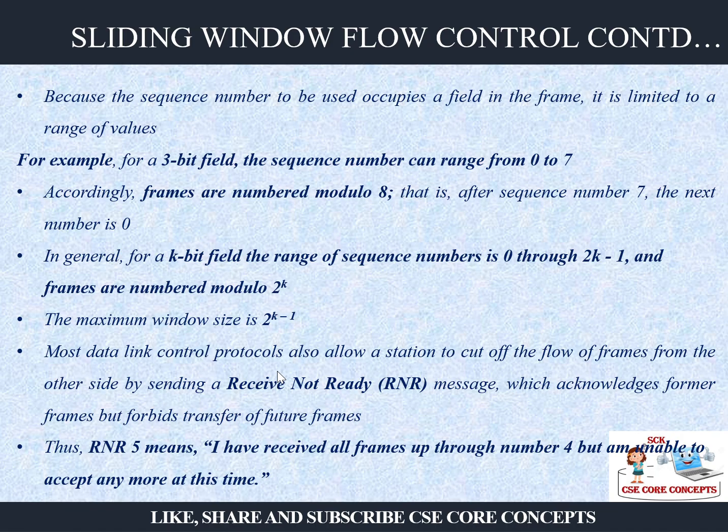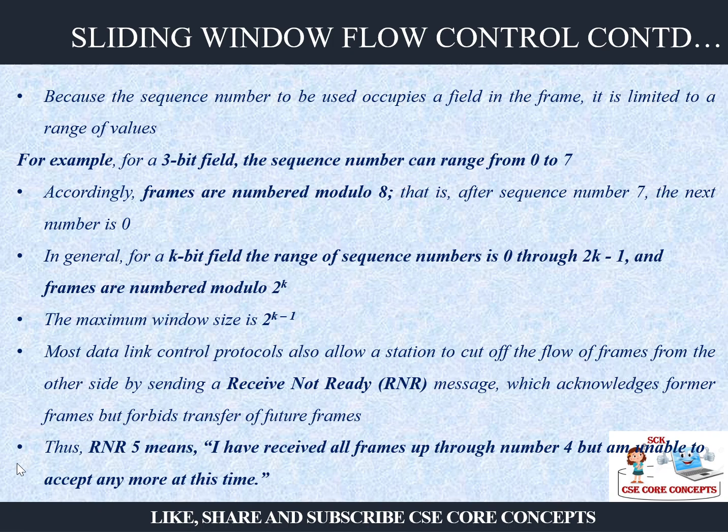Most data link protocols also allow a station to cut off the flow of frames. Sometimes you cannot control the number of frames. You have received a lot, and because there is some problem in the connection, you may want to say that you are not ready to receive. In that case, you can send an RNR message.